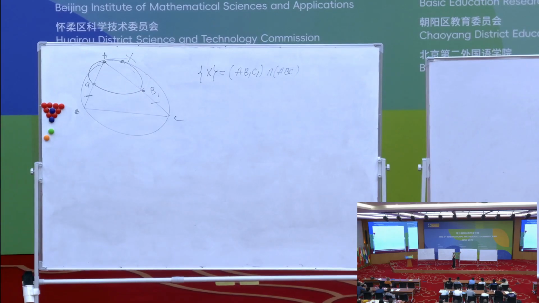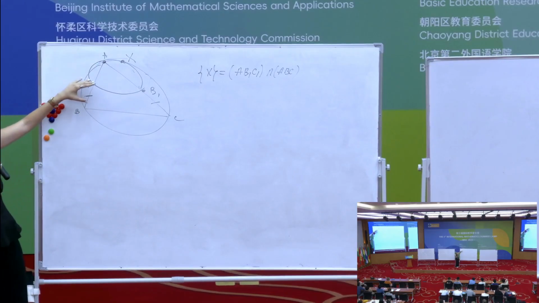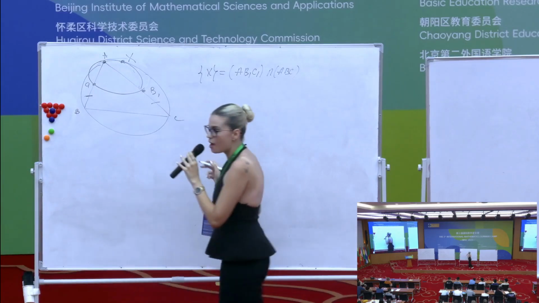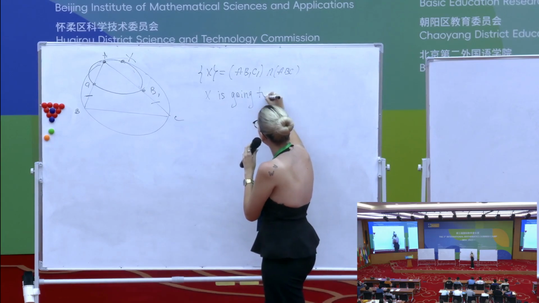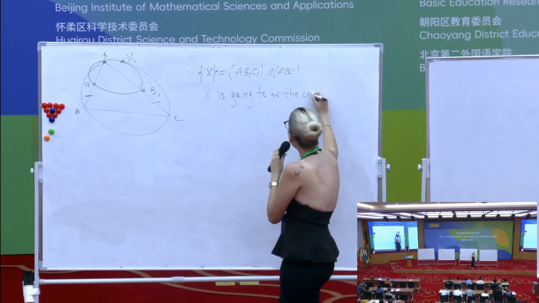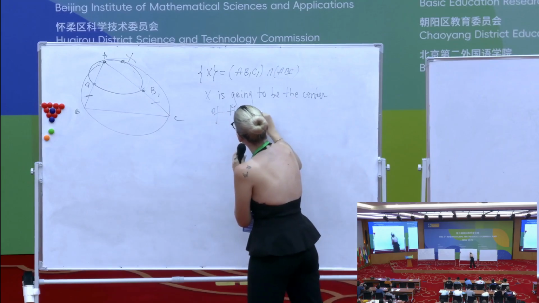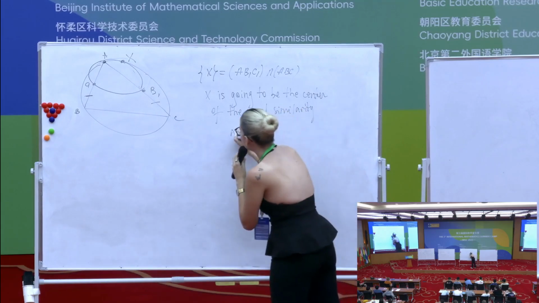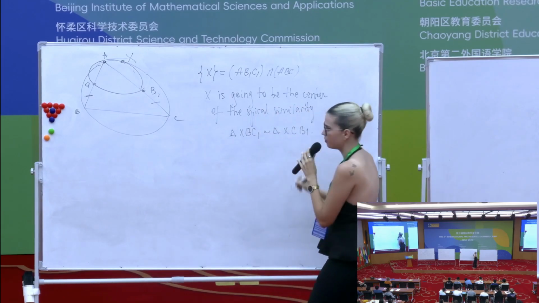So what happens in this diagram, if you pay close attention, is that you have the circle ABC, B1 and C1 are on the sides, and then you intersect the two circles again in X. So X is going to be the center of the spiral similarity that makes the triangle XBC1 similar to the triangle XCB1.